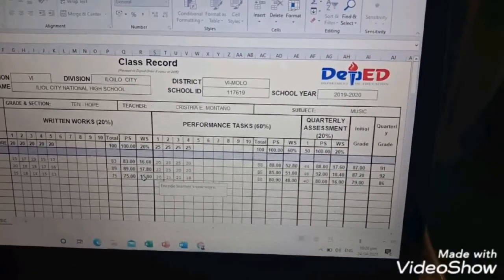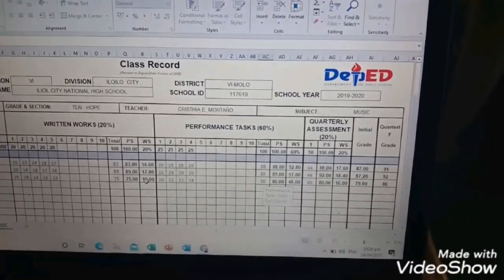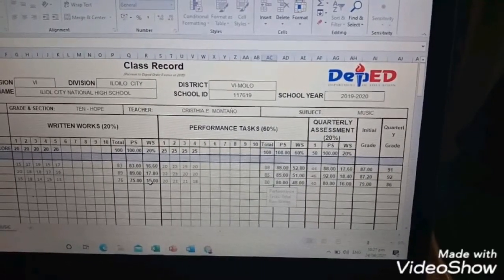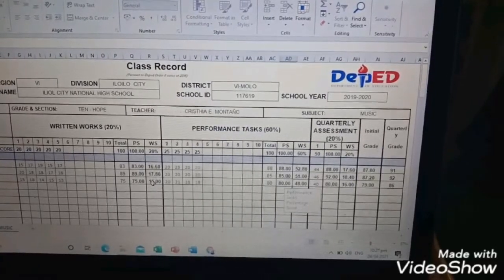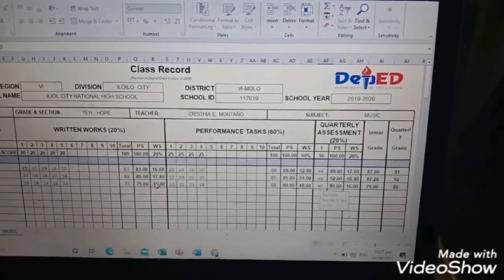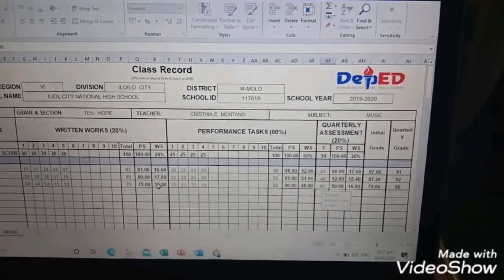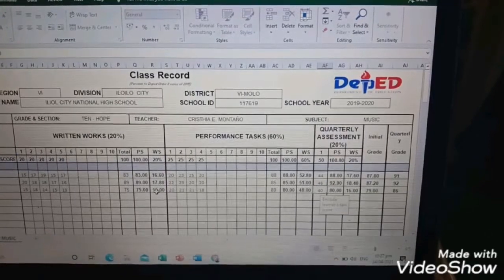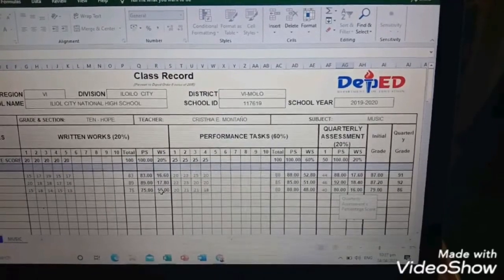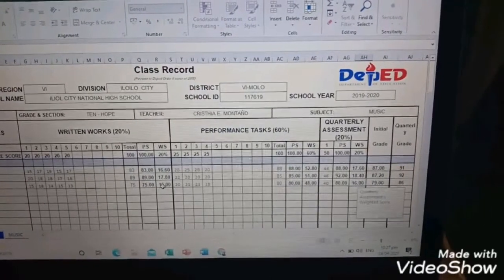In performance tasks, he got 20, 21, 21, 18, with a total of 80 out of 100. 80 divided by 100 equals 0.80, multiplied by 100 equals 80.00, and multiplied by 0.60 got 48. For the quarterly assessment, he got 40 out of 50. 40 divided by 50 equals 0.80, multiplied by 100 equals 80.00, and multiplied by 0.20 got 16.